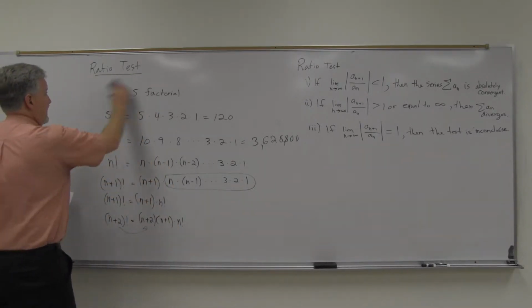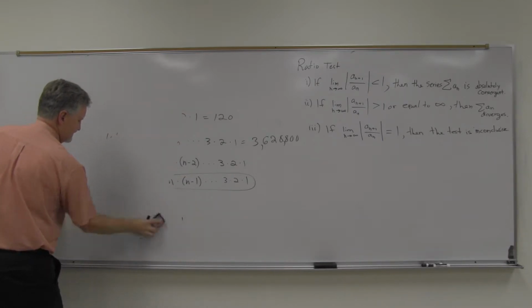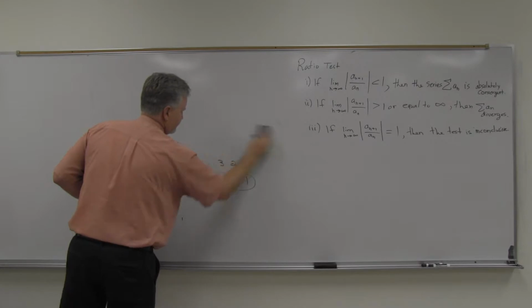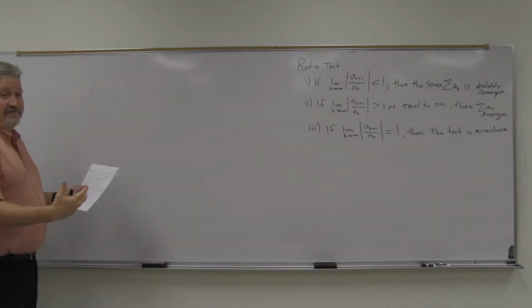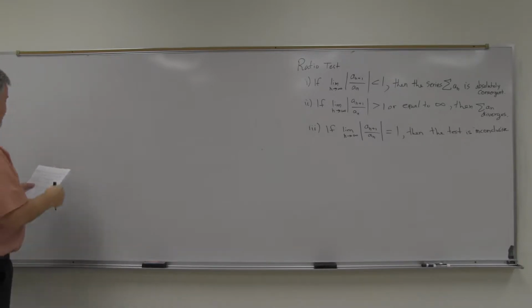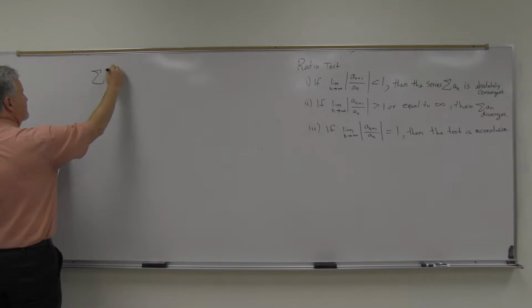All right, so let's look at a couple of examples using this ratio test. Like I said, a lot of them involve a factorial of some sort, just like this one. So the series is n factorial over 3 to the n.